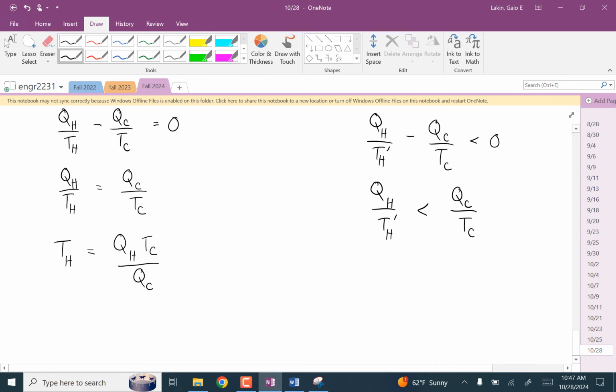In this case, since all these values are positive, we get that TH prime is greater than those same values, QH TC over QC.